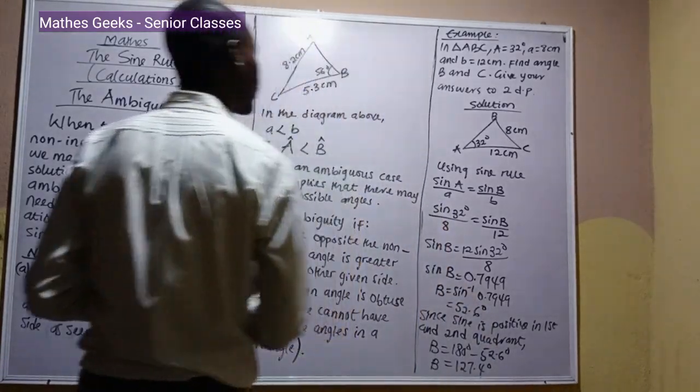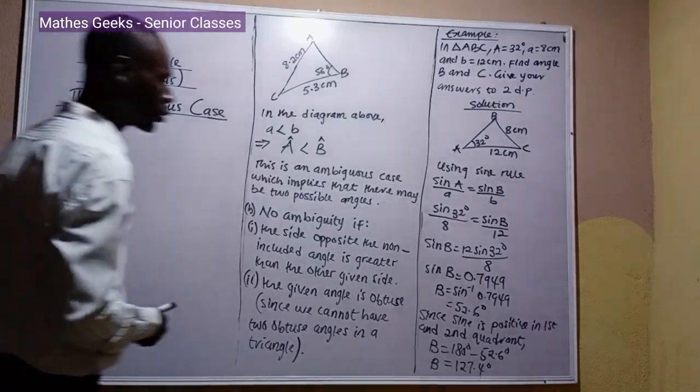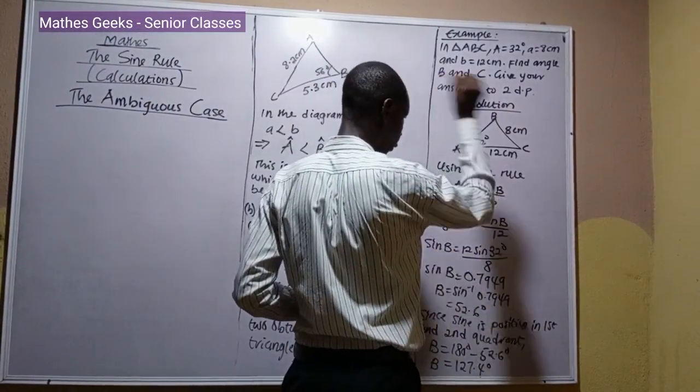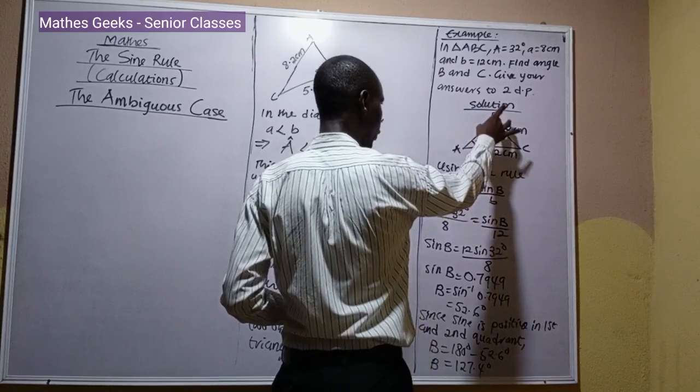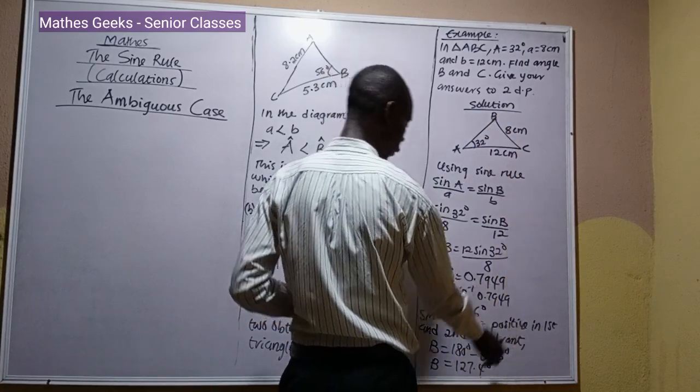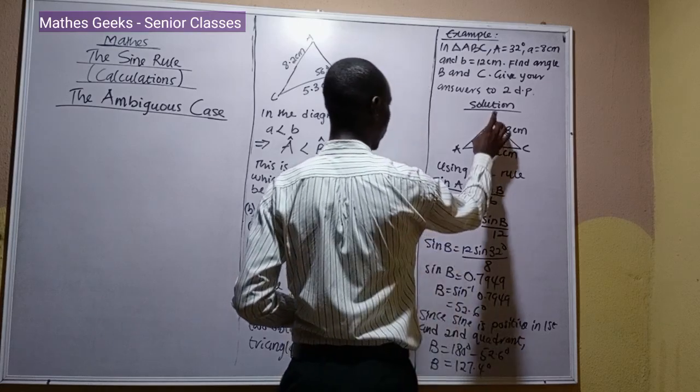So let's get the value for C also. We're going to get the value for angle C from the angle sum property. Why? Because we already know angle B, which is 52.6 degrees or 127.4 degrees. So now we have two angles.